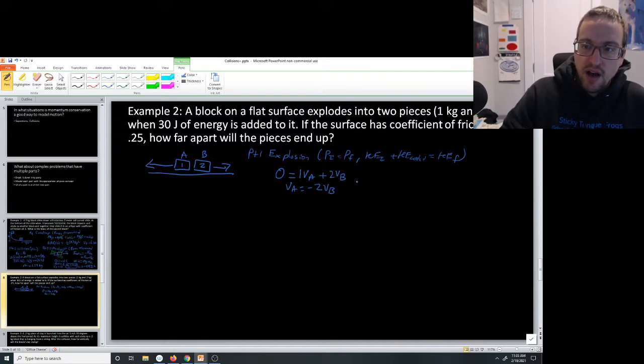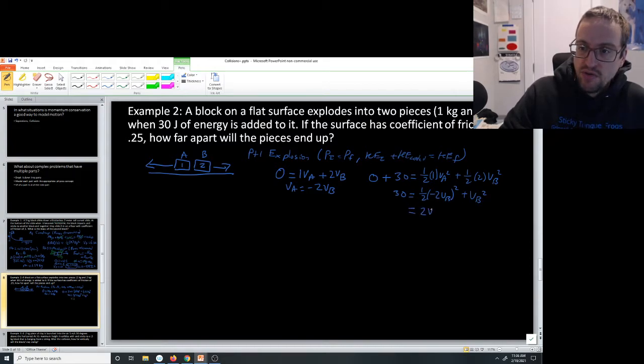All right. I then am going to look at my kinetic energy equation. I've got 0 kinetic energy initial plus 30 equals 1/2 times 1 times VA squared plus 1/2 times 2 times VB squared. So this is 30 equals 1/2, and VA we know is negative 2 VB squared, plus VB squared.